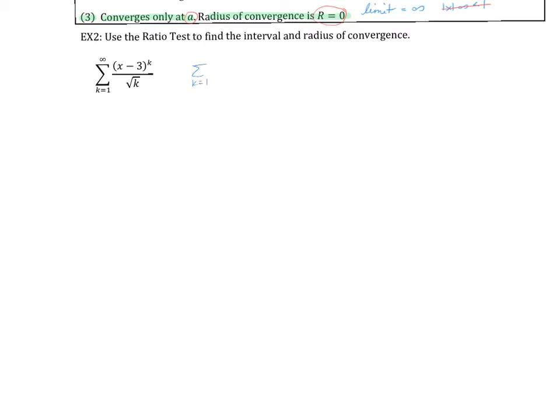So notice we're starting with 1, which is fine. That doesn't change our convergence. And we're using the absolute value of our series, x minus 3 to the k over square root of k.